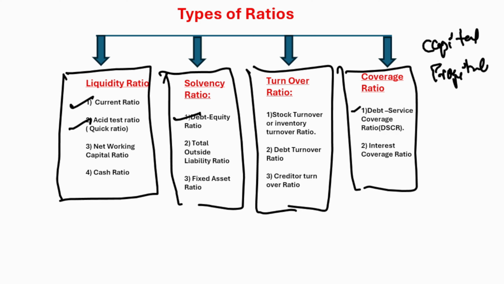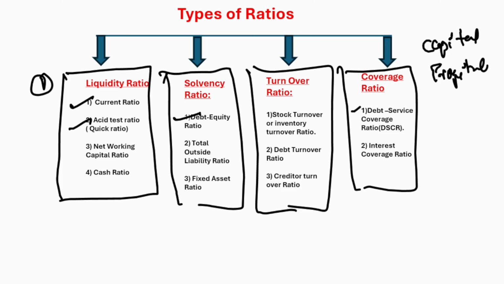I discuss what each interprets here, right? The first is the liquidity ratio. What does it really indicate? It indicates the financial position or liquidity position of the firm, and how it can repay within a short time, meaning how it can cover the current liabilities effectively. This is the motto of the liquidity ratio. And solvency ratio, how a firm can clear the debts outside of the firm.